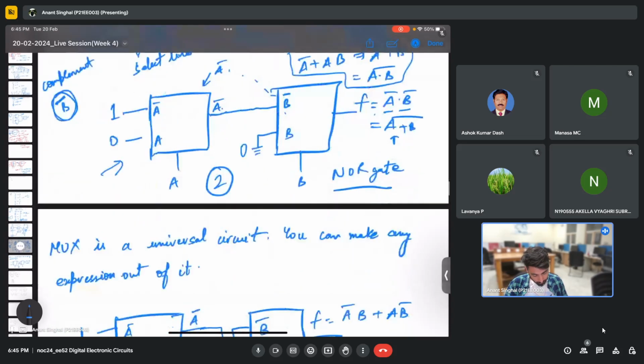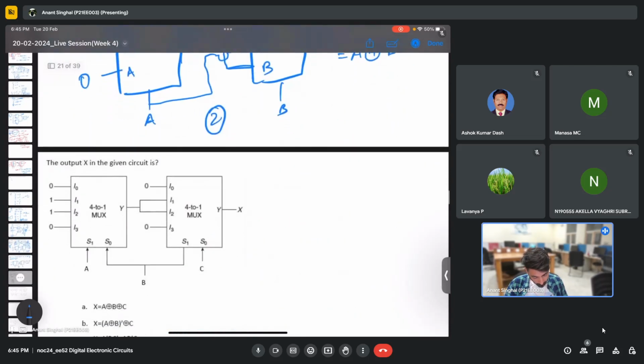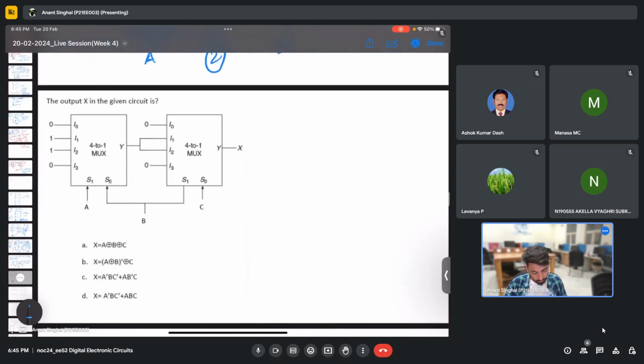Since this is clear, let's move ahead. So you need to compute X in this given circuit. Let me know in 2 minutes maybe. Try to do it quickly because this is very easy.